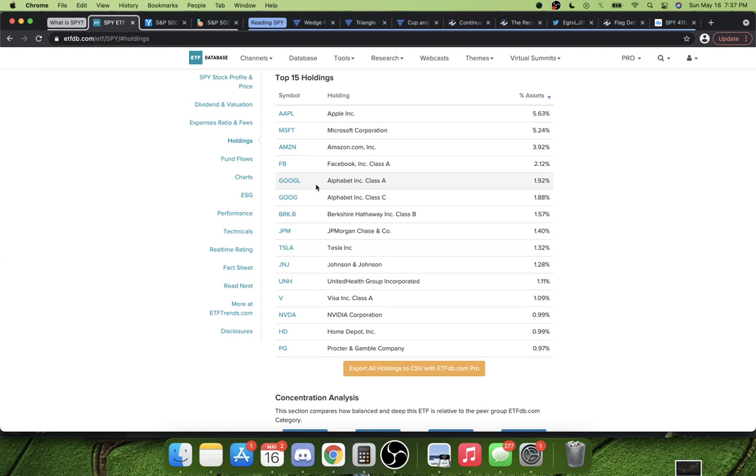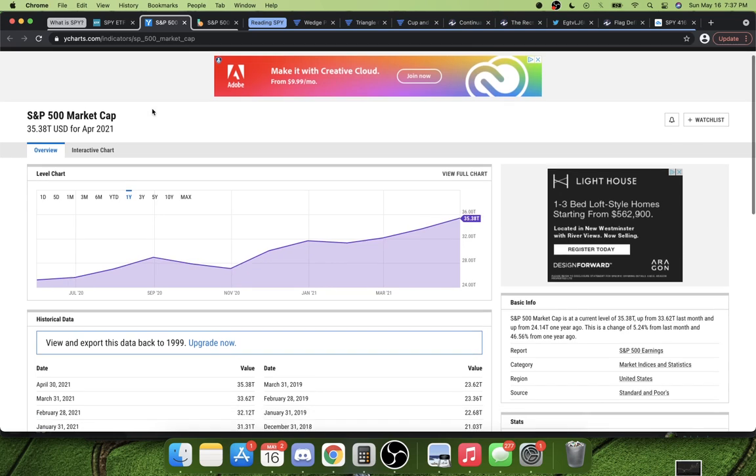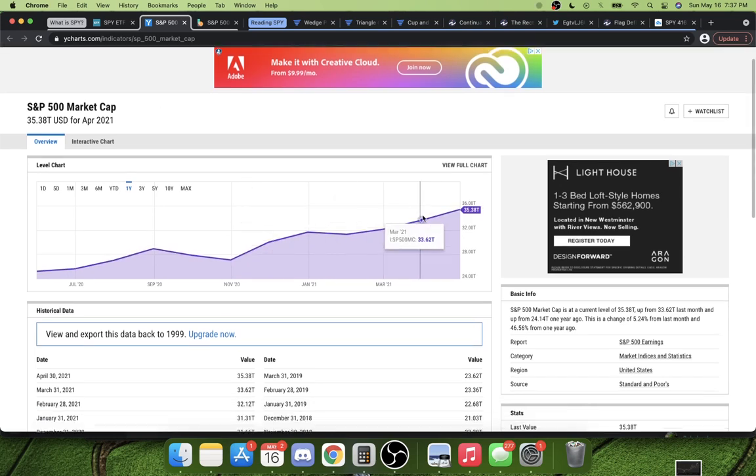So there are more large caps in the S&P index than there are in the Dow, and it's less tech heavy than the NASDAQ. Okay. It is also the largest and most heavily traded ETF in the world. It has a market cap as of April 30th valued at $35 trillion.